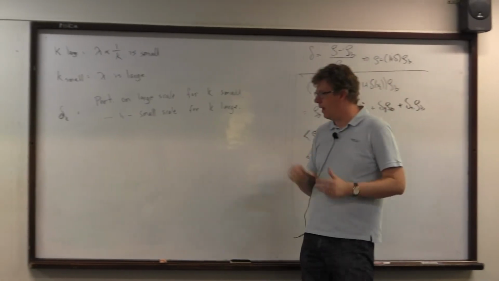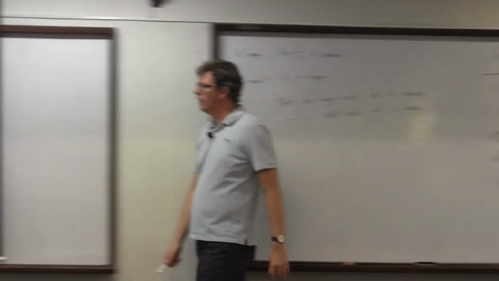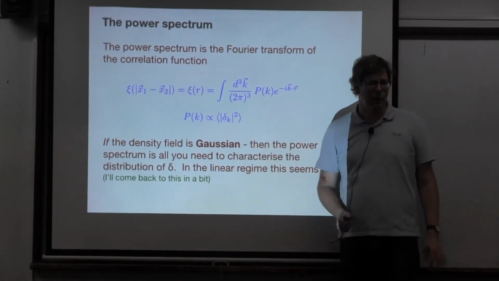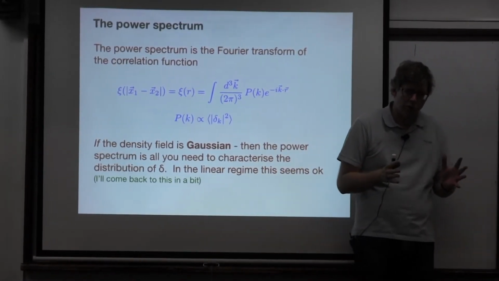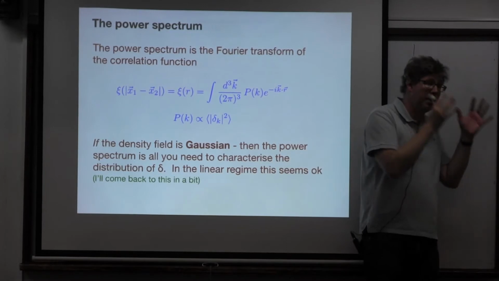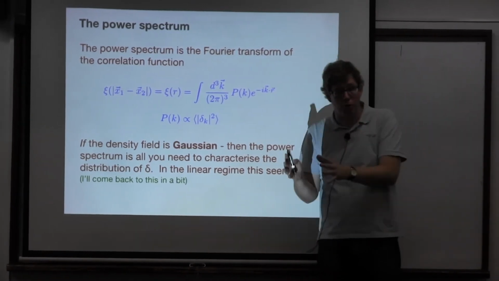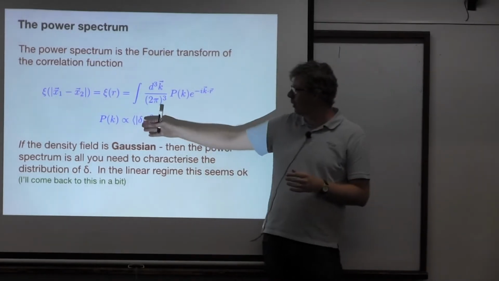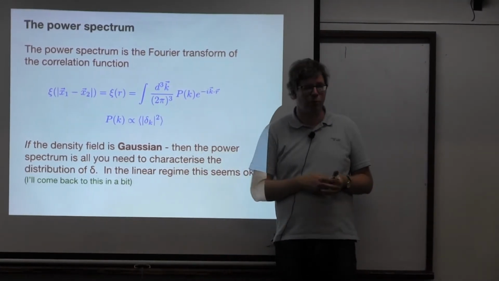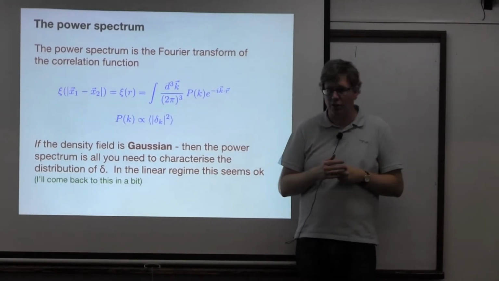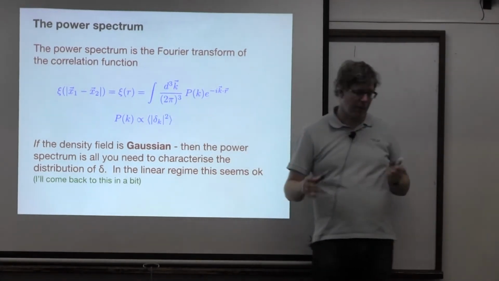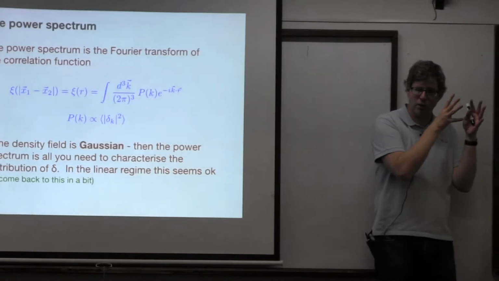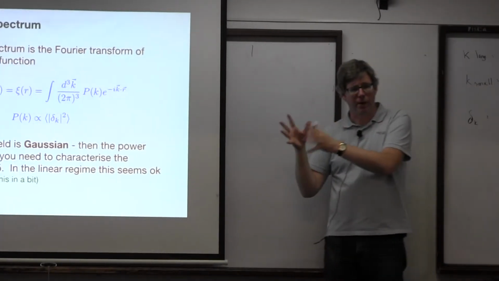And what this power spectrum does is it basically, by taking the square of this, it tells you how much perturbations there are on big scales relative to small scales. So it tells you how much power. It's called the power spectrum because that's what it's usually used for in electrical engineering. But it tells you how important are the perturbations on large scale compared to small scale.